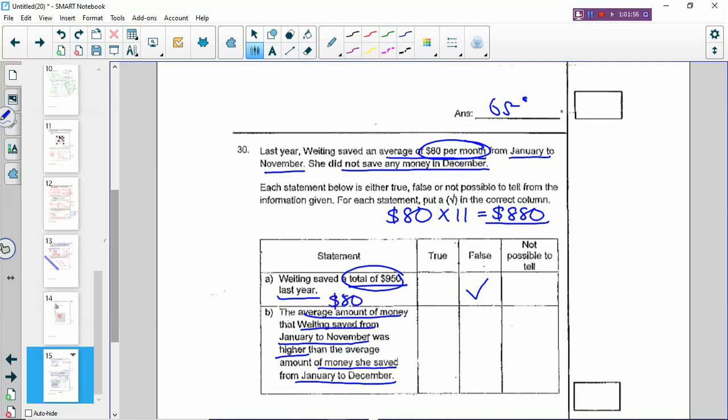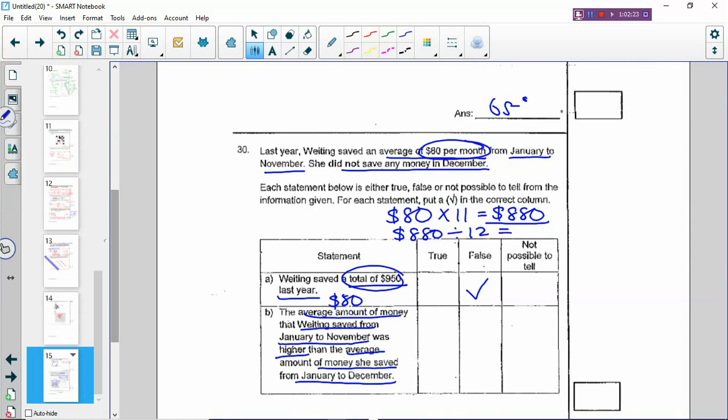That is from January to November. That's the average. Then you find the average money that she saved from January to December. Now the total money she saved is $880, right? To find the average money she saved from January to December, you have to divide by how many months? 12 months, right?